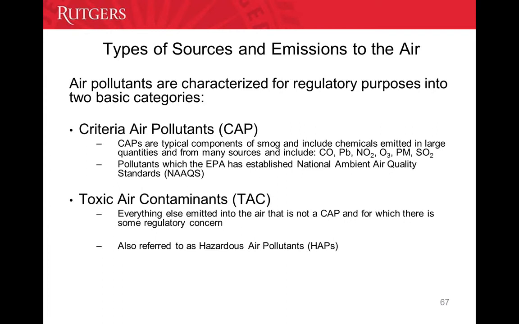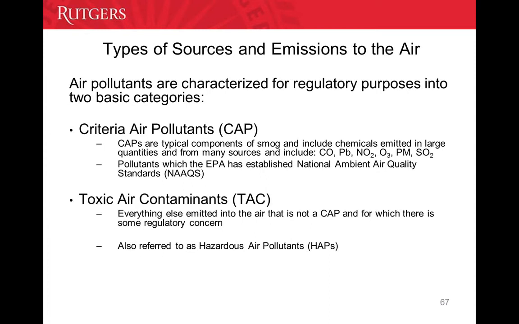So there are types and sources of emissions to the air. Air pollutants are categorized for regulatory purposes, and we have the criteria air pollutants, which we call CAPs, and the toxic air contaminants. These criteria air pollutants are typically things that are in smog and chemicals that are emitted in large quantities, like carbon monoxide and lead and ozone, particulate matter, and so on.